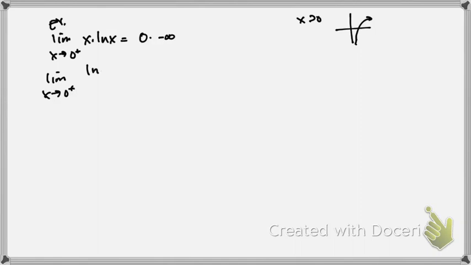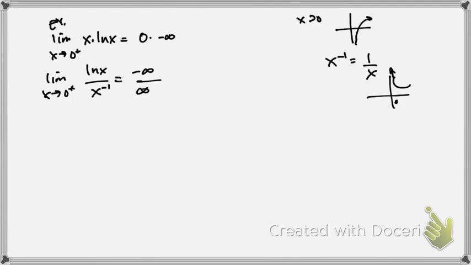If we write it as the natural log of x over 1 over x, we get negative infinity over something. In this form, we have to make x to the negative 1 if we bring it to the denominator. Of course x to the negative 1 is 1 over x, and as we approach from the right, it goes to positive infinity. Again, we're only looking at 0 from the right, so that's here.